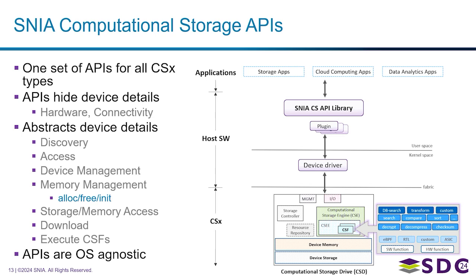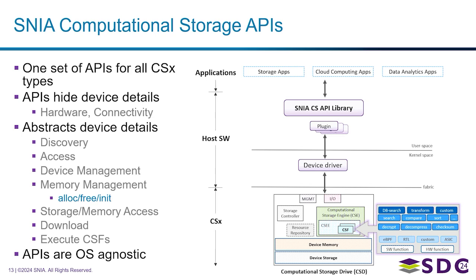So the API is one set of APIs or functions for all CSX types, whether you're a computational storage processor, a computational storage drive, or a computational storage array. So it's one set of functions that anyone could use.